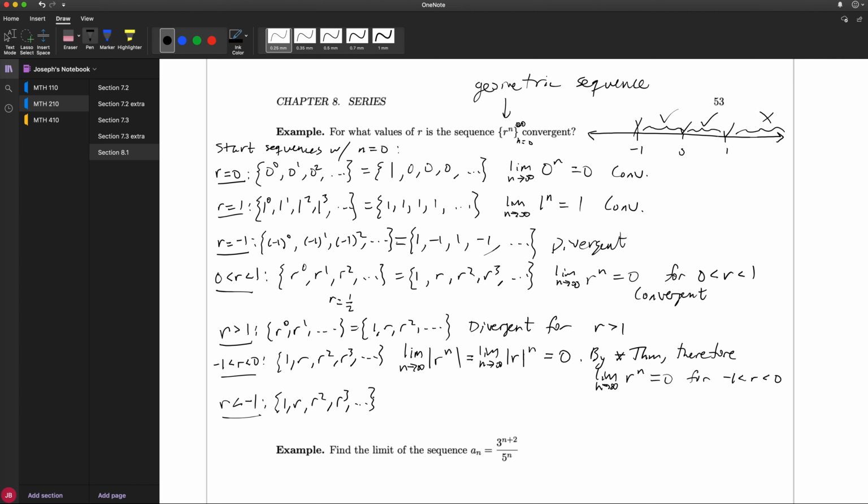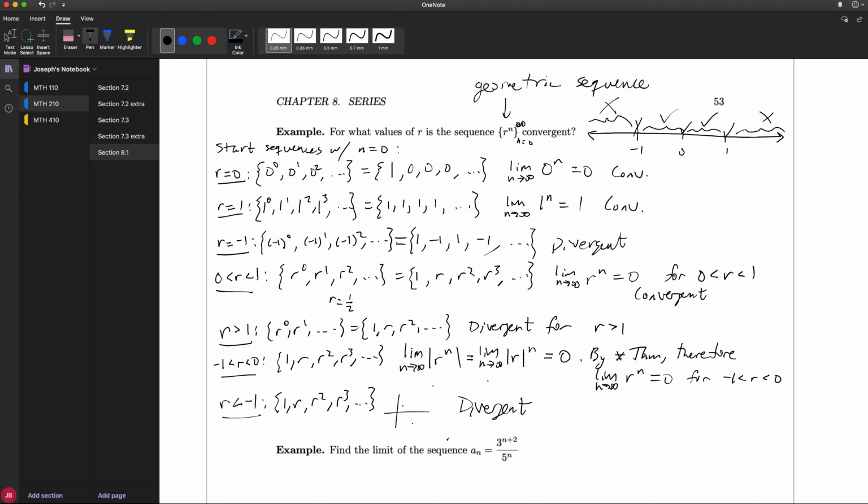Those are not only bouncing back and forth, but also getting bigger as they do it. So you get something that kind of looks like that, right? And that's certainly divergent, just by looking at the picture. And so in this region here, I also get an x over it.